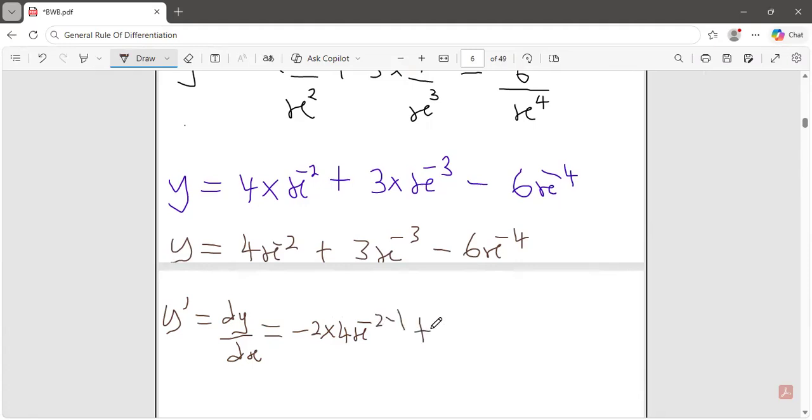The same thing is going to happen to this one too: -3 times 3x exponent -3 minus 1. And over here, you are going to get -4, because I brought this negative over here, and this 4 is still -4. So -4 times 6x exponent -4 minus 1.